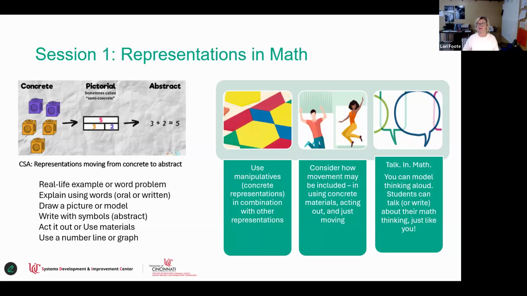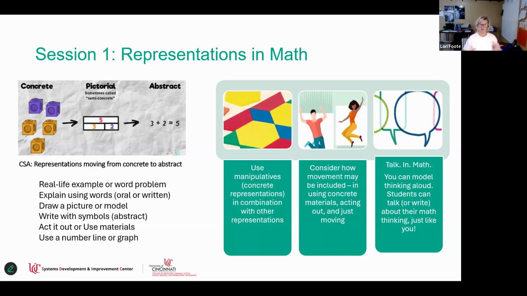When we looked at the CSA framework, where we go from concrete to semi-concrete to abstract representations, we get the idea of taking materials and moving them around to really understand the movement of numbers and how math works. Then students record that in a pictorial way themselves after the concrete experience, or look at a picture and understand some math ideas after they've had those concrete experiences.